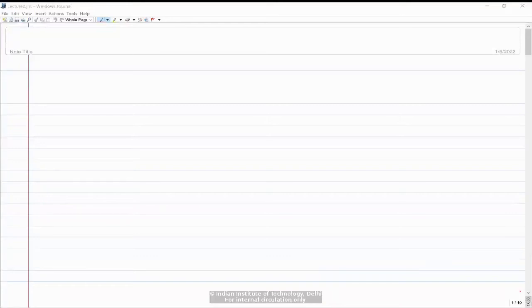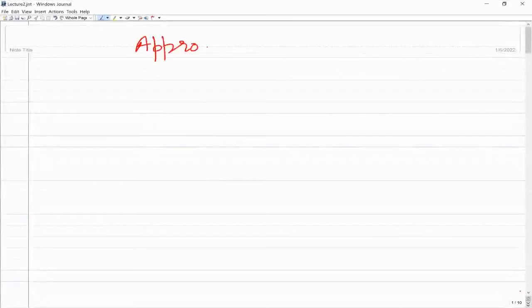Okay, so then let me start. So last class I was talking about the approximate analytical solutions. So I had given the steps, the four steps.